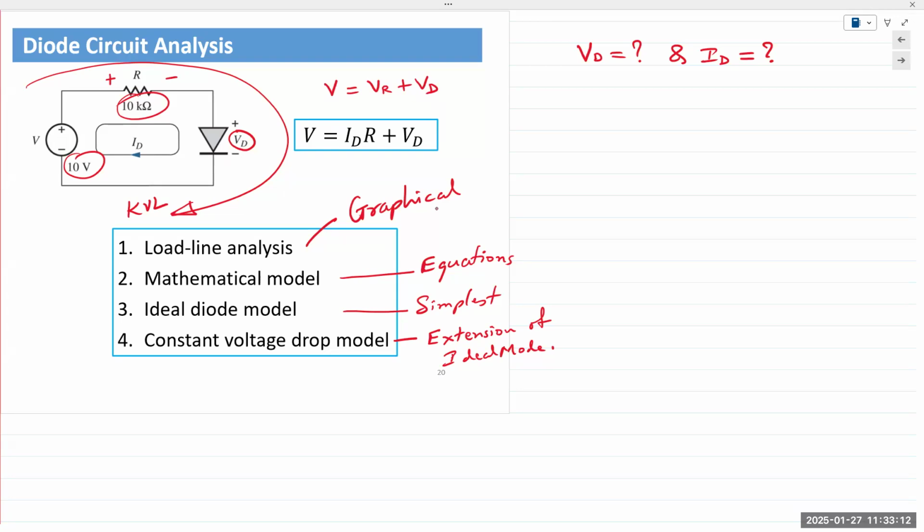So if you have a larger diode circuit, what we would do is find the Thevenin equivalent circuit as seen by the diode and reduce the rest of the linear circuit to one single voltage source and one single resistor. So if you have a large linear circuit, you would apply Thevenin theorem and reduce the linear circuit.